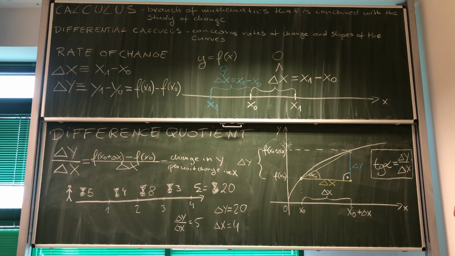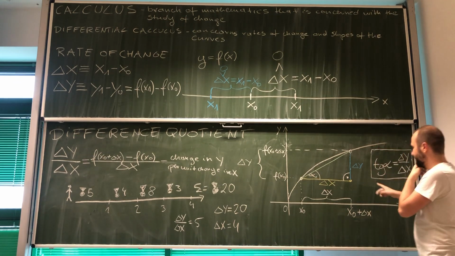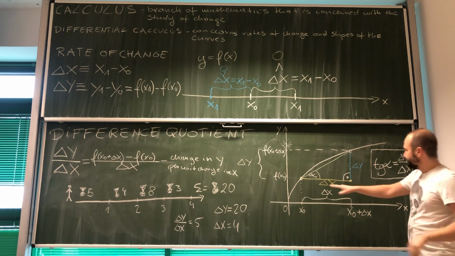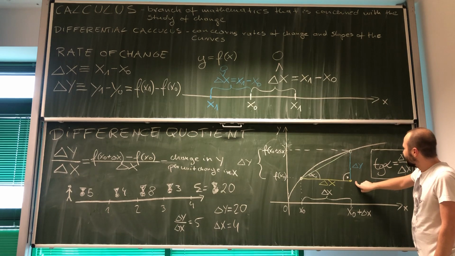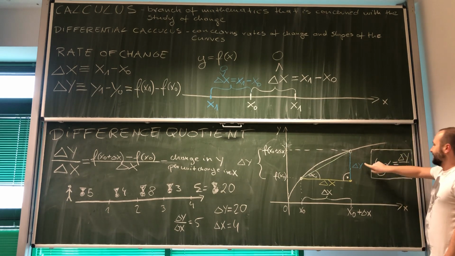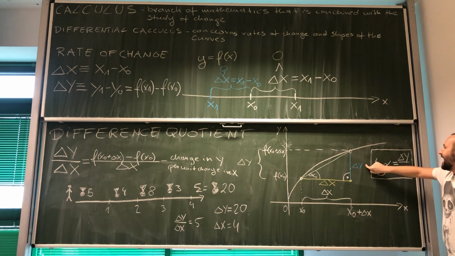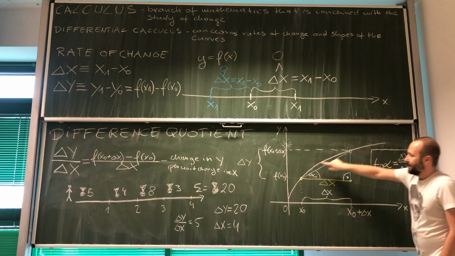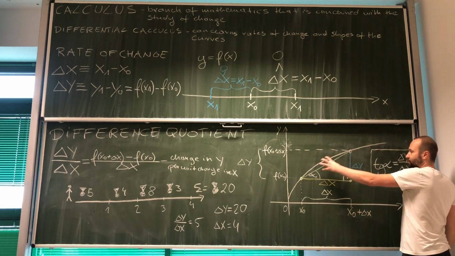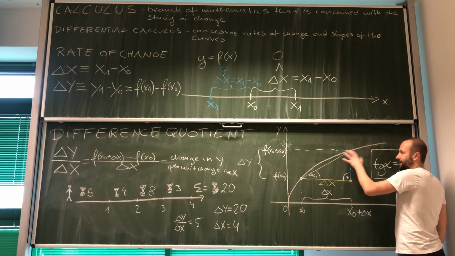And how does this relate to a function? Over here, if I'm going to take and divide delta y by delta x, I will know on average over this line how the value of the function was changing per 1 unit change in x.